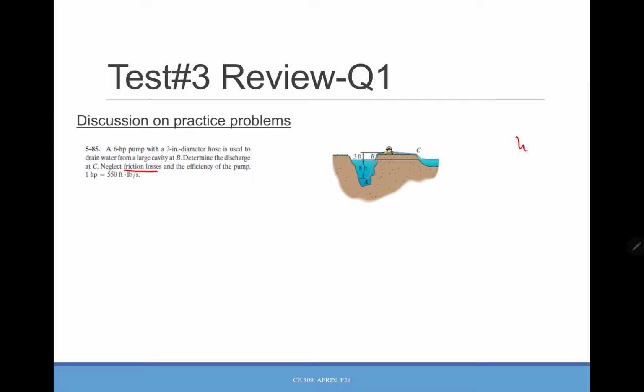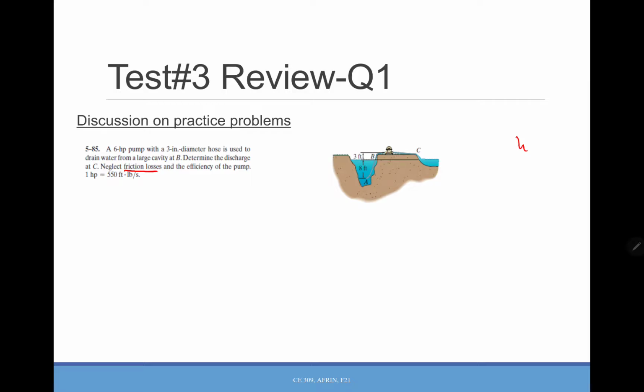For the energy equation you need 2 points between which you will apply it. B and C can be a good choice of points because at B the pressure and velocity can be 0 and at C the pressure can be 0, so at least a few terms will be 0 here.